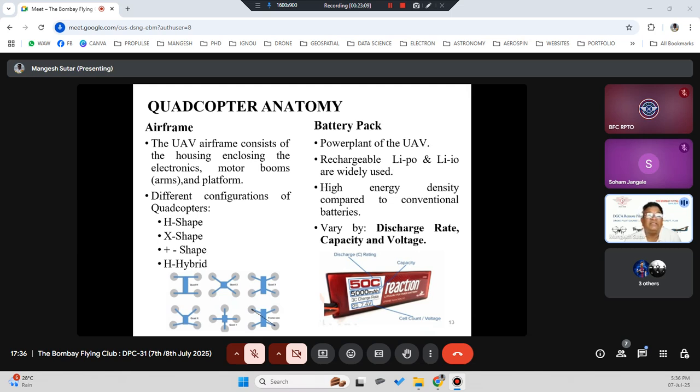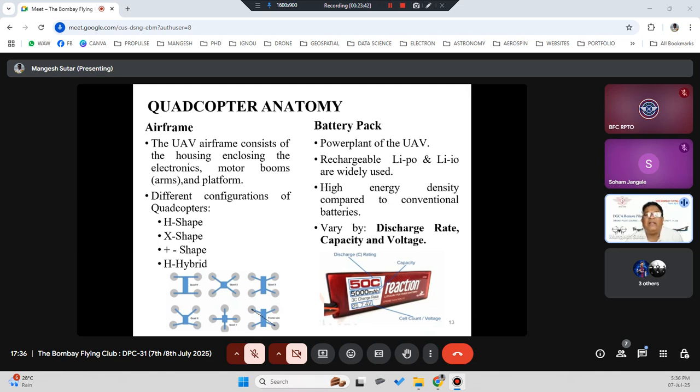Normally it is not like this is H, this is X, this is plus. But if you see here, they have little bit of angles. It could be H, it can be X. So we do not know what to call it, so people call it H hybrid or hybrid configuration. Okay, so that's the airframe. This airframe can be a good quality aluminum grade, or some other material, or carbon fiber also.